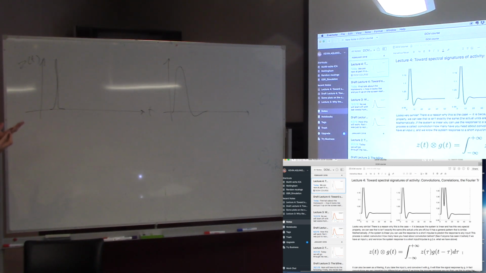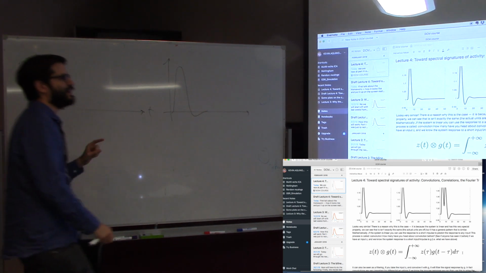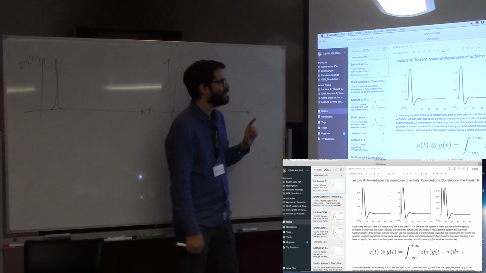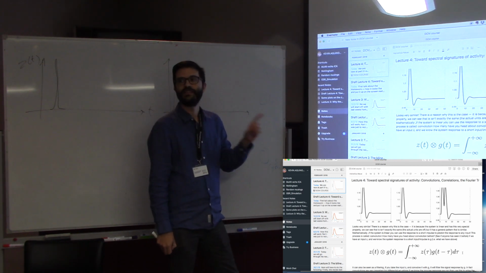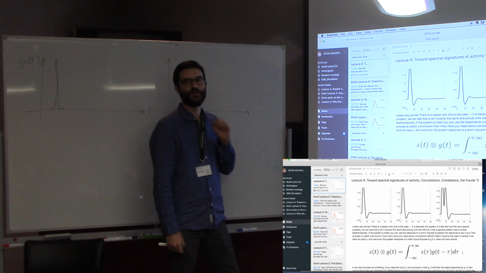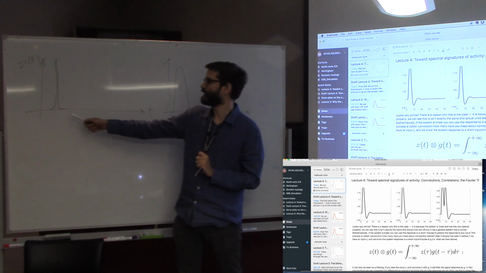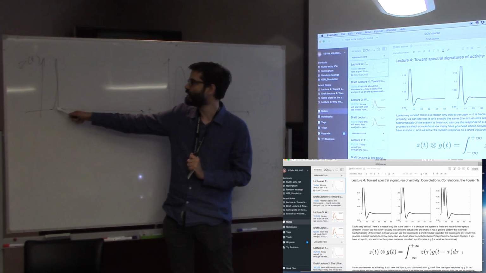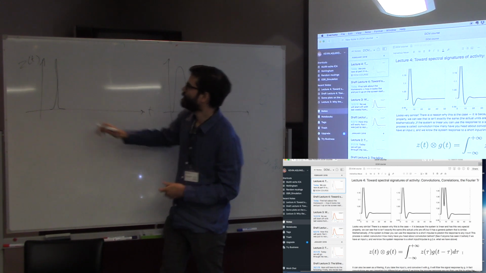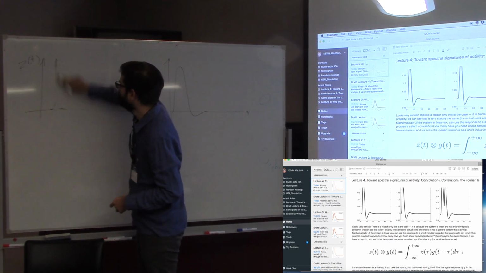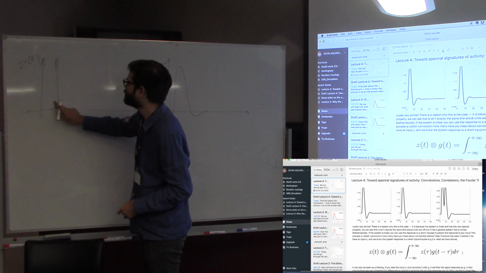Okay, so why is this interesting? Like I said before, if you have these two signals, you can add them together in this interesting way. Why it's interesting is that the only thing you need to do to solve a linear system is solve the response to a very short impulse. So this one here is a very short impulse. It peaks. Mathematically, it's just a stick.